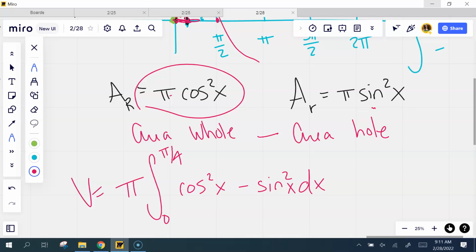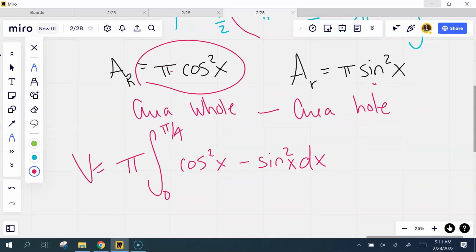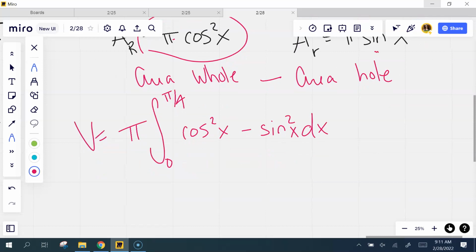Cosine 2x. This is an identity. The double angle identities are pretty popular things to know.